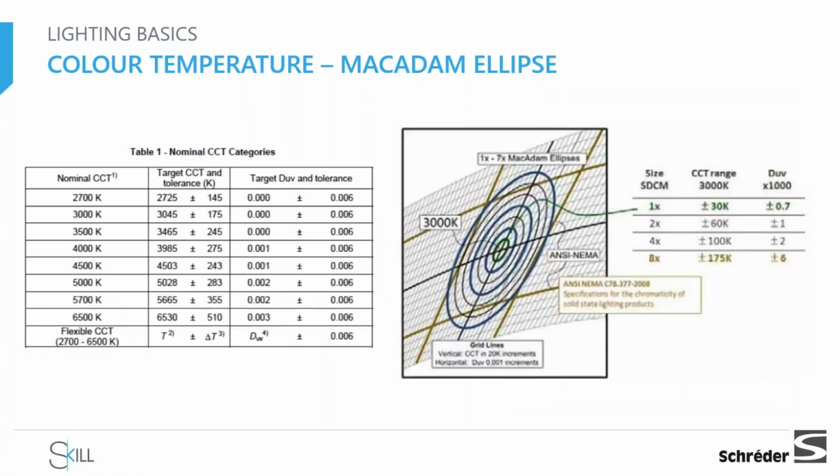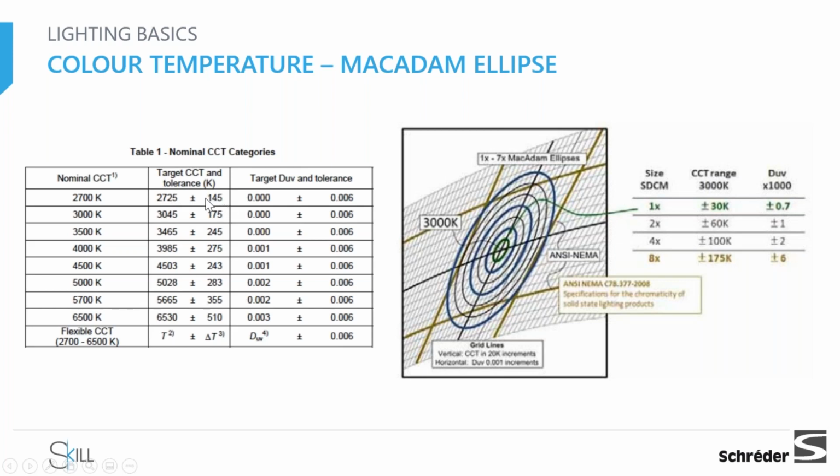If we look at the graph here on the left-hand side, we will find a table of the 7-step MacAdam ellipse at different color temperatures: 2700 Kelvin, 3000 Kelvin, 3500, up to 6500 Kelvin. We see that to be within the 7-step MacAdam ellipse, we are allowed to go from 2725 plus or minus 145.